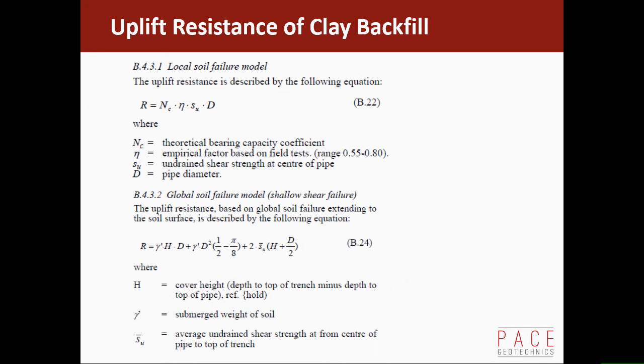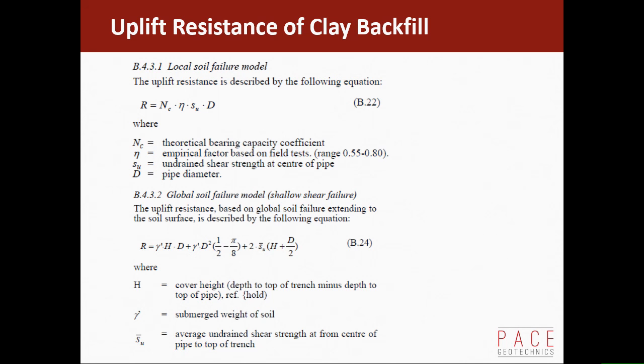This one, if you look, these two terms are exactly the same as the sand equation. It's just the weight of the soil over the pipeline. This one is 2 times the undrained shear strength. You've got 2 failure planes either side of the pipeline, and then you've got that depth, H plus D upon 2, and that gives you the undrained shear strength.